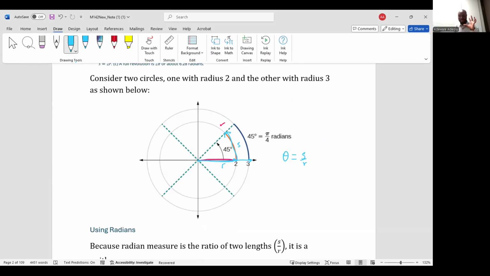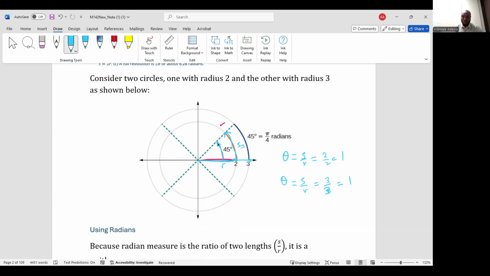But what we can see is that when the radius is 2 and when the radius is 3, having different circles, their angles are still the same. Even if I consider this to be 2, that is 2 over 2, which is 1. And theta, when s over r is 3 over 3, it is still 1. So the ratio of s to r is 1.